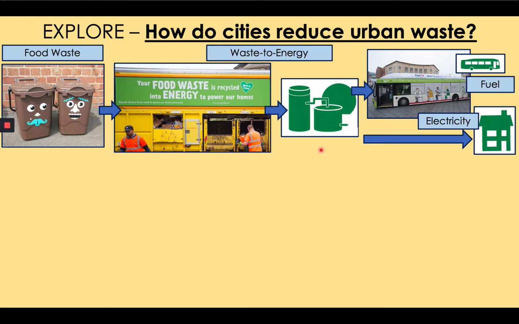As a result of this, much less methane is released into the atmosphere, and much less fuel in the form of petrol and diesel is needed for vehicles, and much less coal needs to be burned to power homes. The food waste does not go to waste. It is reused to improve the environmental quality of Bristol.